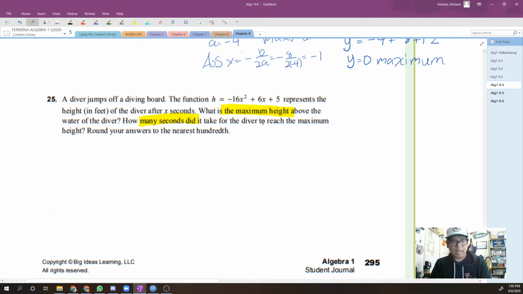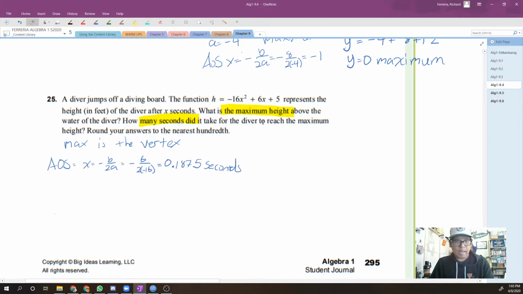So let's take that equation here. And remember that since we're a second degree equation, the maximum is going to be the vertex. So we're going to do exactly the same thing we did before.